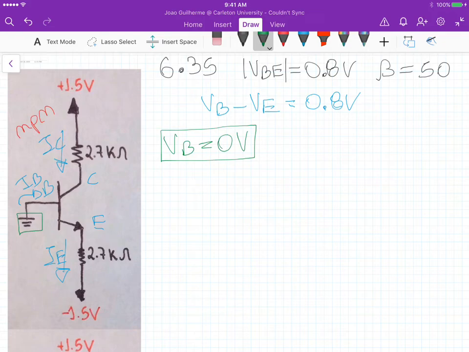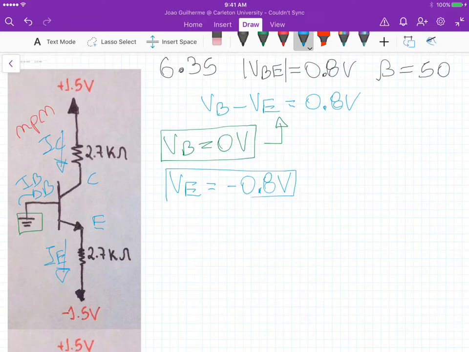Now, because we know the voltage at the base, we can substitute it up here and calculate VE. So in this case, VE is equal to minus 0.8 volts. That's the second voltage. Now we are not able to conclude about VC yet, but we can start calculating some currents now.